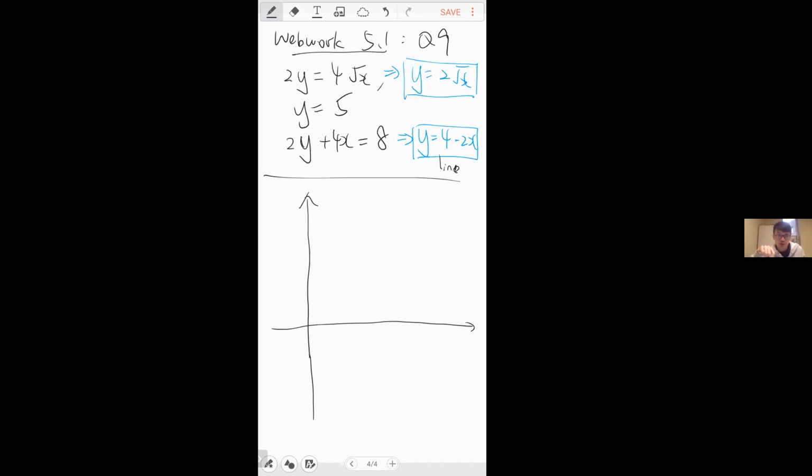So I need 2 points, and for each point, I need the x and y coordinates. 1, 2 and 2, 4.